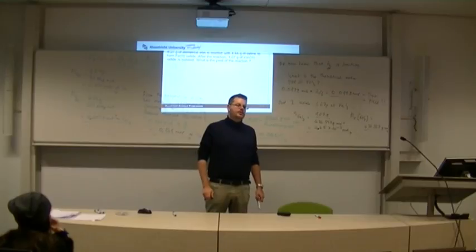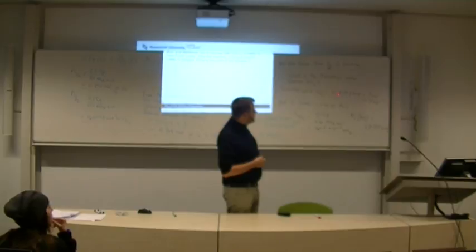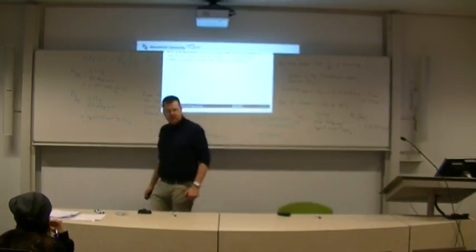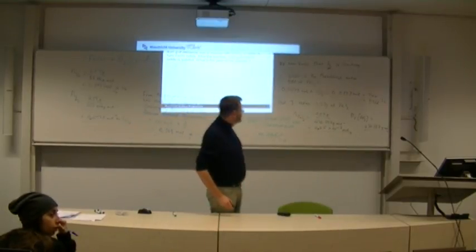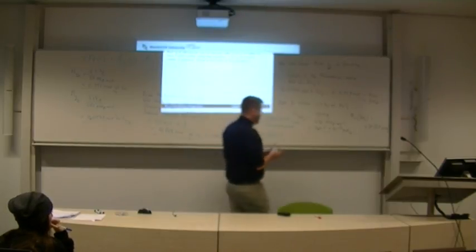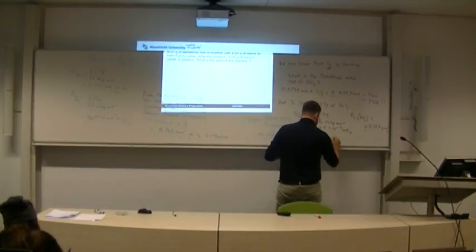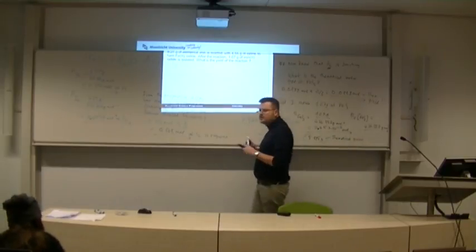So it's 0.0119 multiplied by 436.557. 5.195 grams. That is the theoretical yield. Now I've just expressed it in grams.